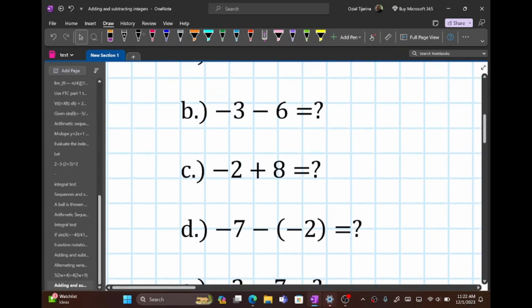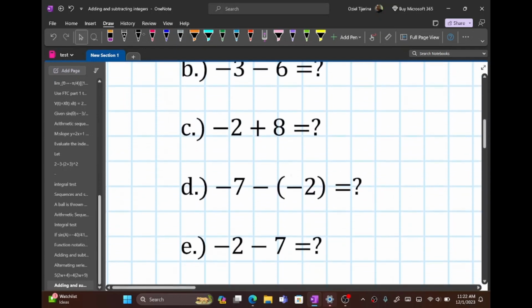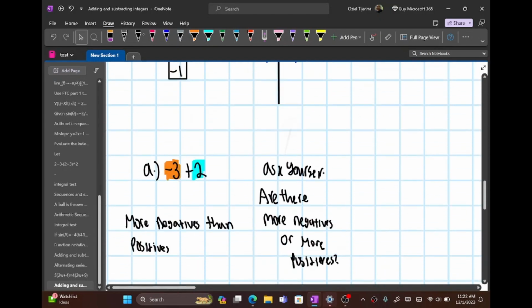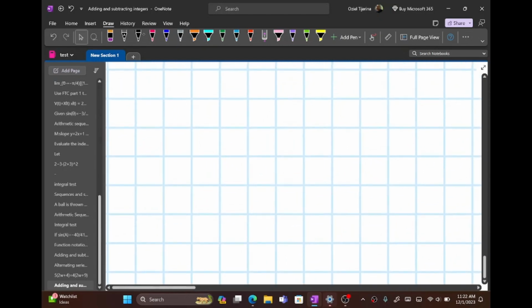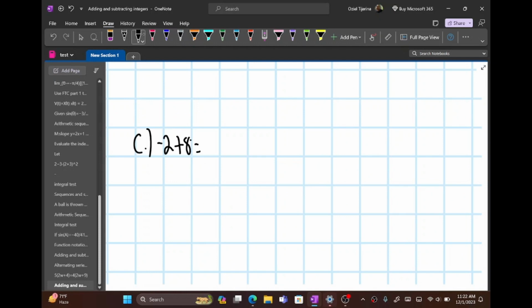Now let's look at part C. Part C says negative 2 plus 8, so we're going to write it down. I want to teach y'all a rule, but I don't know if anybody knows their algebraic properties.